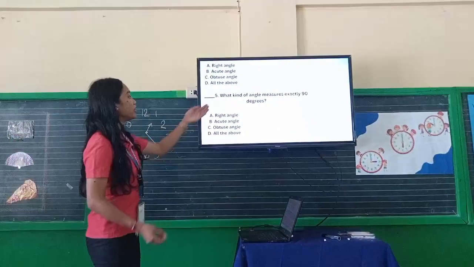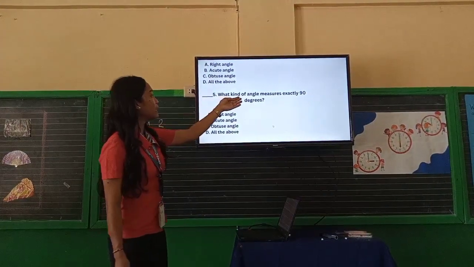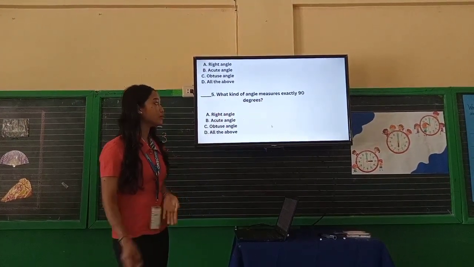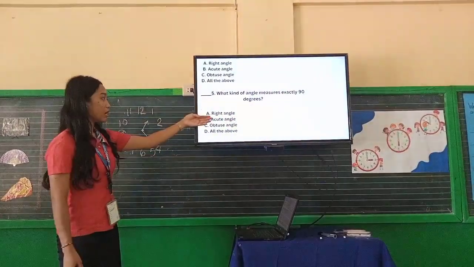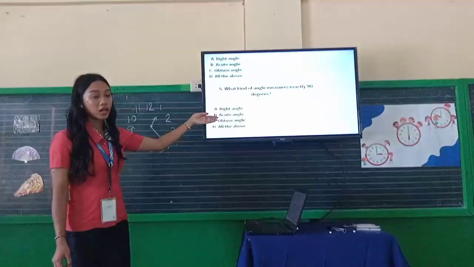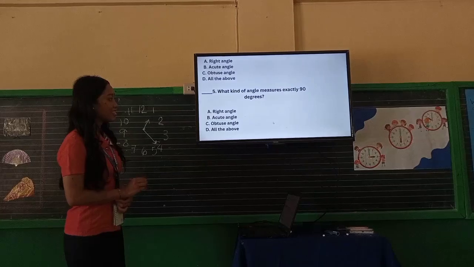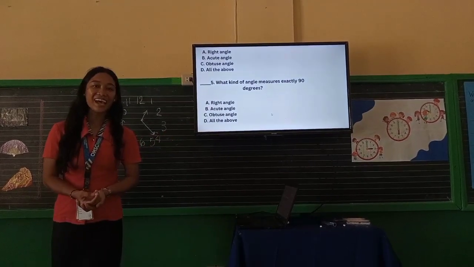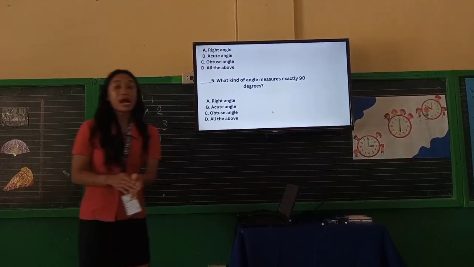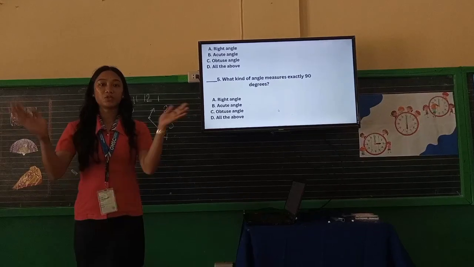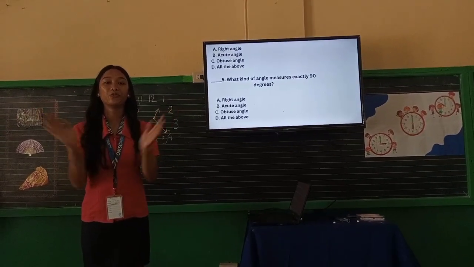Very good. And for the last number, what kind of angle measures 90 degrees? Is it right angle, acute angle, obtuse, or all of the above? It is right angle. Correct. Everybody give 5 claps to yourselves. 1, 2, 3, 4, 5.